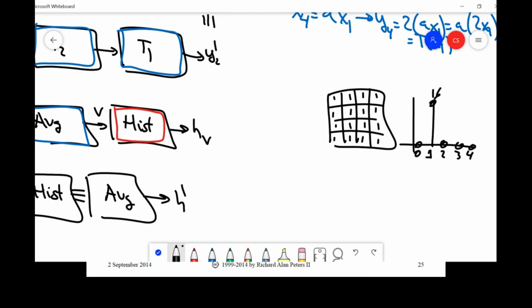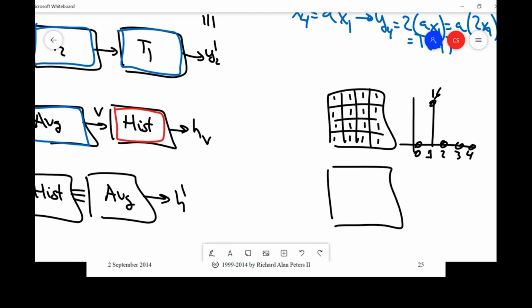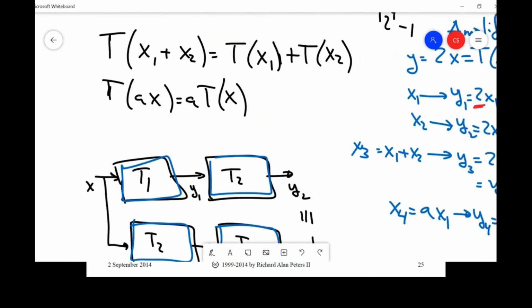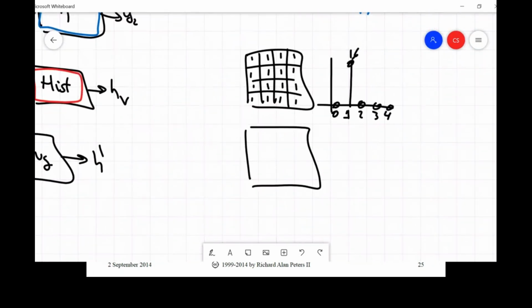What if I multiply my image by 2? So I'm trying to check the second condition. The second condition: if I multiply my image by 2, the histogram should be the previous histogram multiplied by 2. Okay, so let's try that.